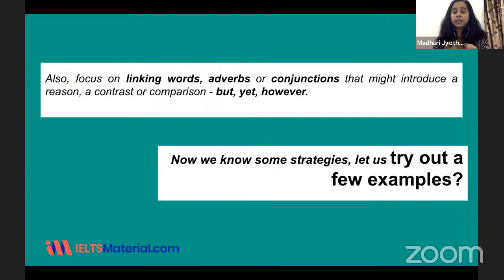The thing is, they might give a synonym of any of these conjunctions or linking words like however or but, and then you might get a very similar synonym or another word that conveys the same meaning in your passage. That would be a very big understanding, because if you understand those words, it will help you to spot your actual answer easily. Okay, so let's try some examples now.